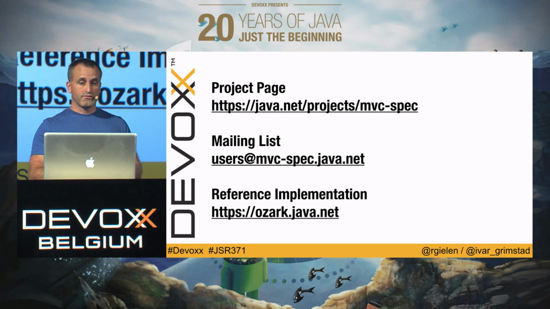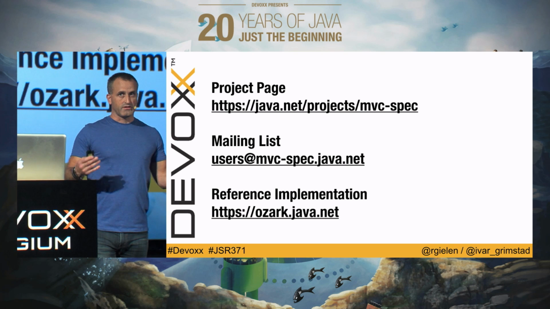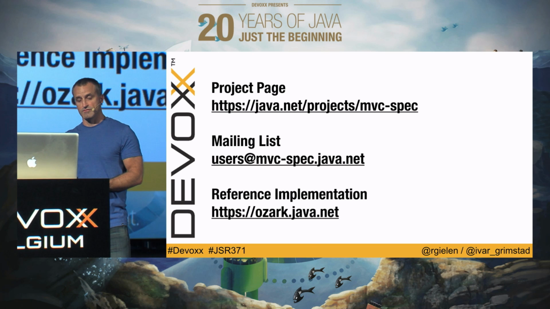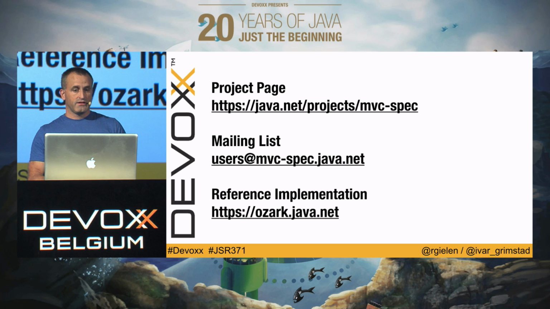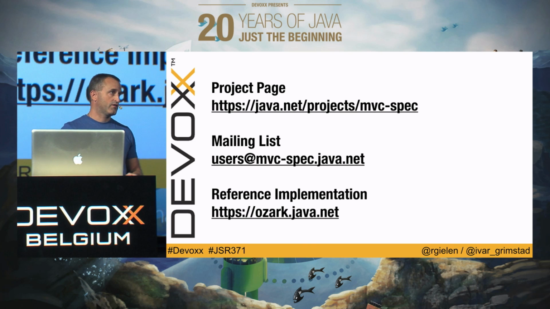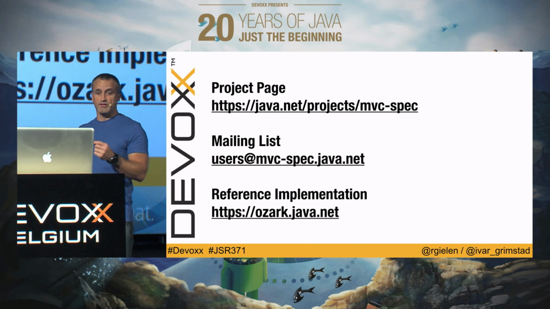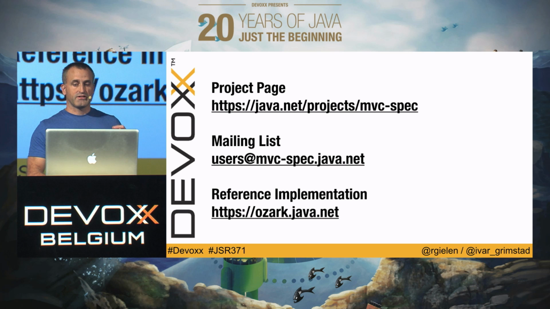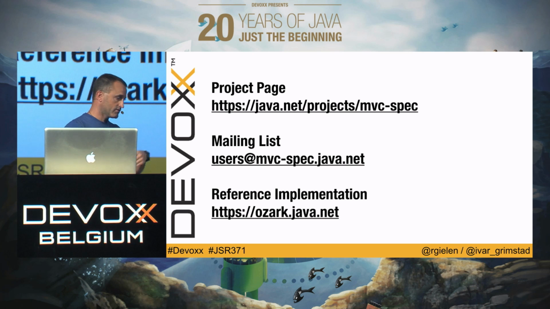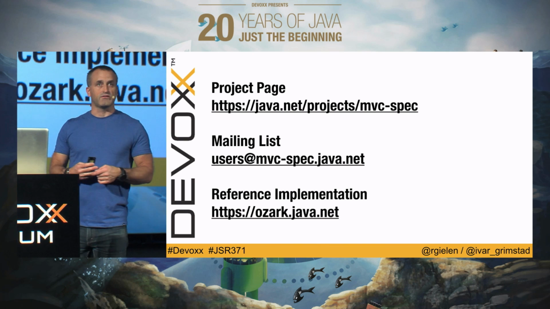Also, all the code for MVC, the API and specification, is available on GitHub, so you can just Google it. The final version is scheduled to be part of Java EE 8. That means it's planned for the first part of 2017. But it's probably ready before that. And it can already be used now as integrated in the nightly builds of Glassfish. And I think Payara also supports this now. So you can actually start using MVC now.